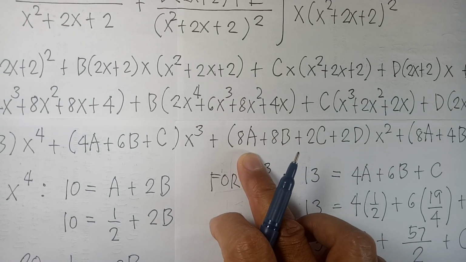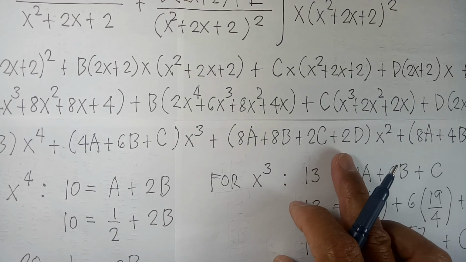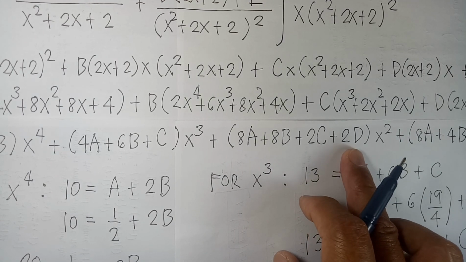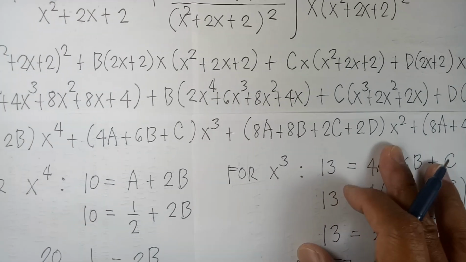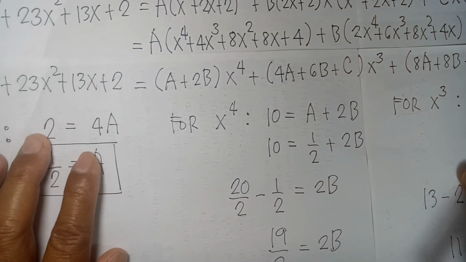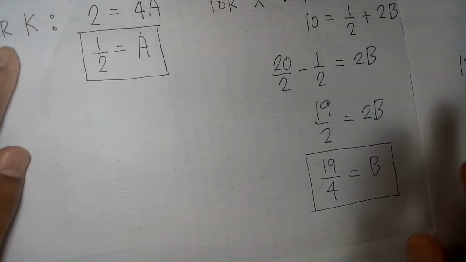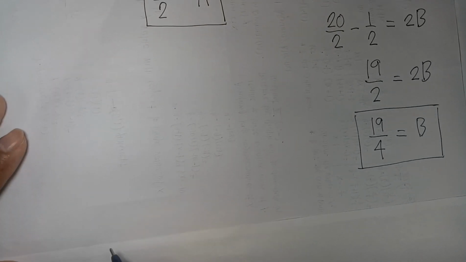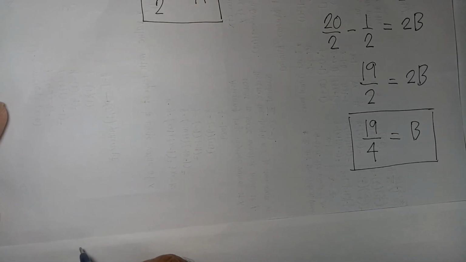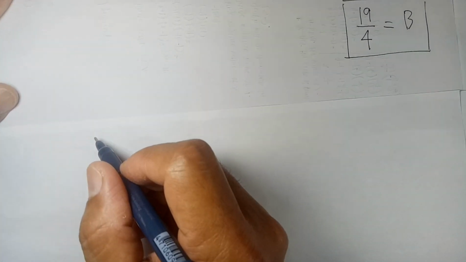Meron na tayong mga yon. Kaya we can solve for d using the coefficients of x squared. Sa left, the coefficient of x squared is 23. So this is for x squared.